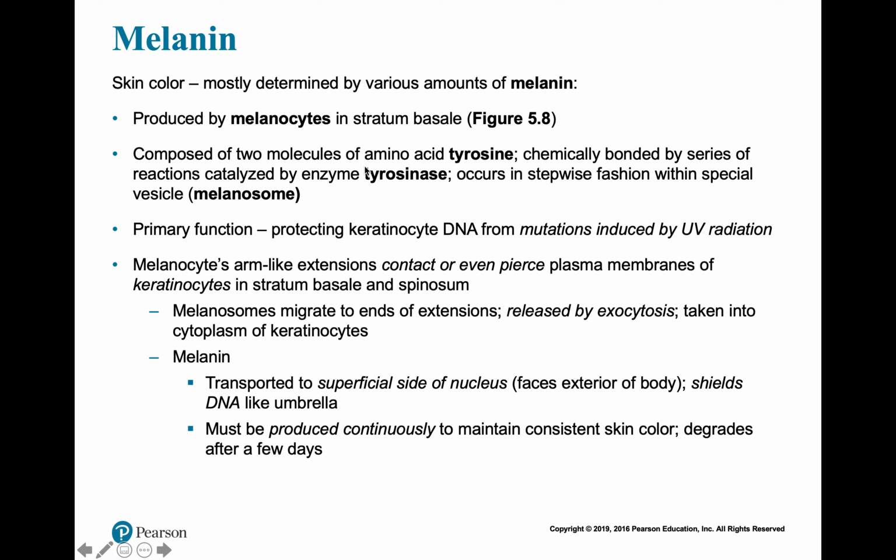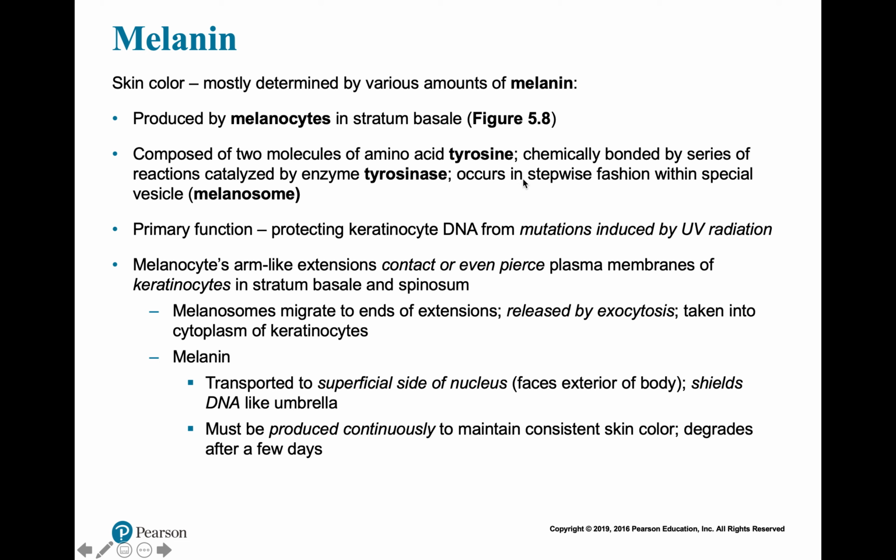So what is melanin? It's a pigment molecule composed of 2 amino acids of tyrosine linked together. Amino acids are the monomers that make up proteins, and one of the 20 amino acids is tyrosine. So it's kind of like a dipeptide type molecule, 2 amino acids of tyrosine linked together.